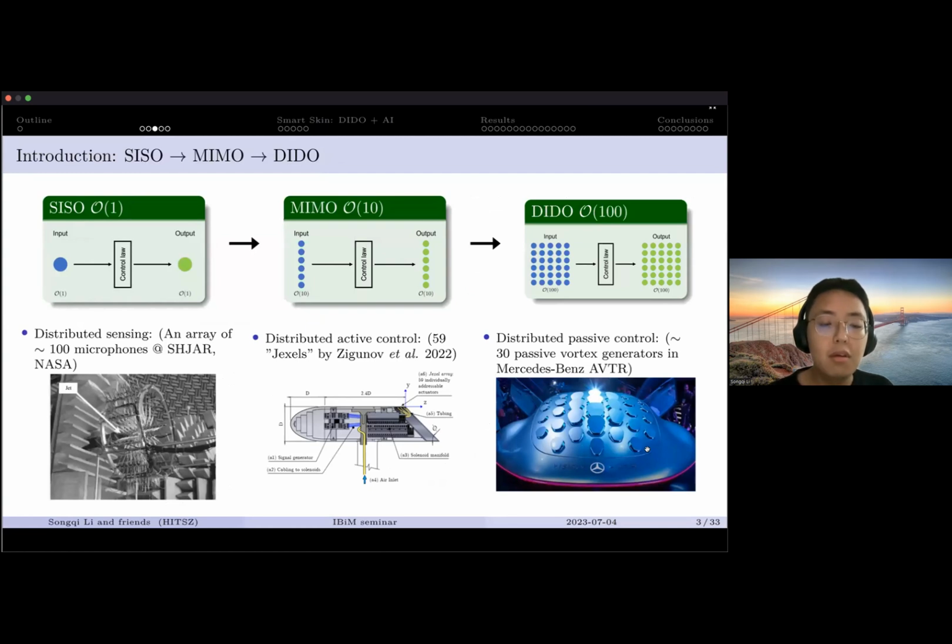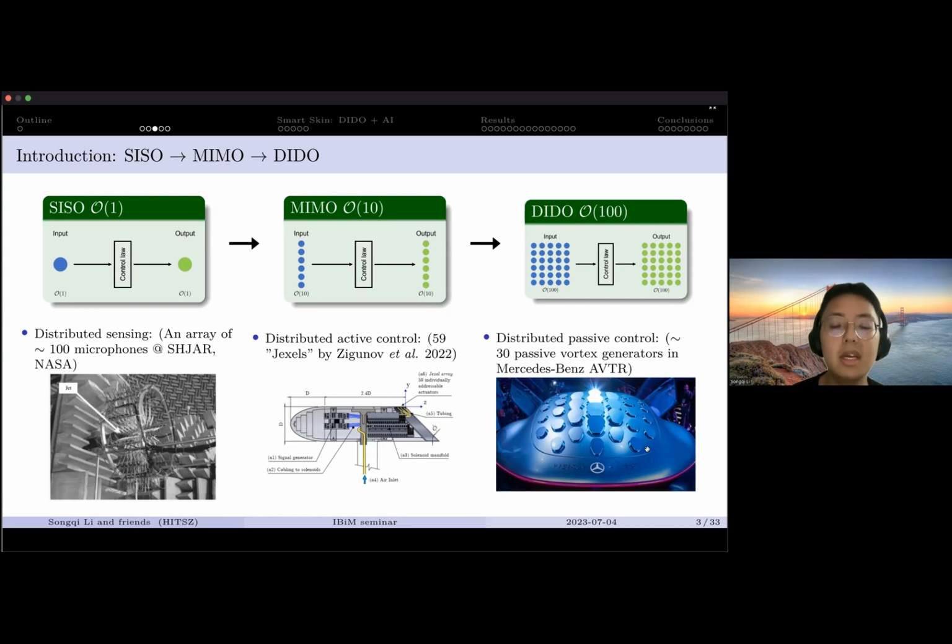And for the background from the control side, I will talk about the evolution from single input, single output to multiple inputs, multiple outputs, and to the concept we proposed, distributed inputs, distributed outputs. Single input, single output, or SISO, research has been conducted over the past 20, 30 years, and nowadays this SISO concept is used to develop novel controllers.